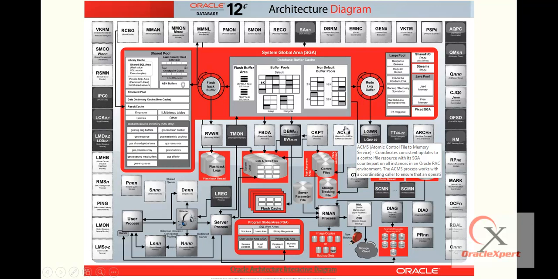Next one is LGWR, the redo log writer. You could have LG00 to 99 slaves. On multiprocessor systems, LGWR creates slave processes to improve the performance of writing to the redo log files. LGWR slaves are not used when there is a sync standby destination.